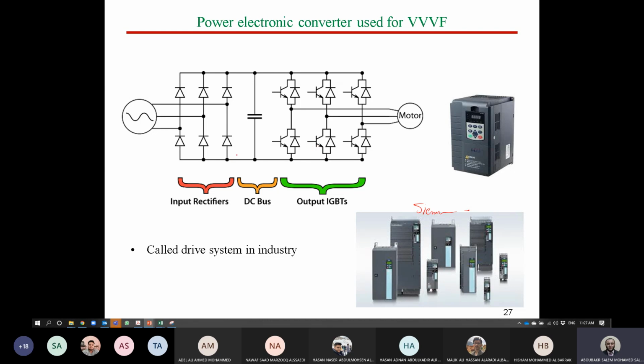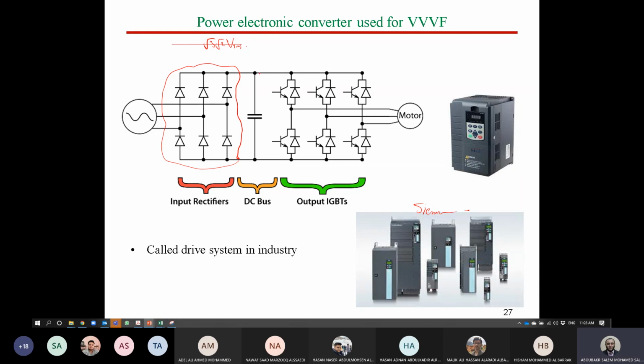The rectifier can be controlled or uncontrolled. Here, this shape is for uncontrolled, which means the output voltage will be constant and will not be controlled. The output voltage here, all the time after this capacitor, will be square root of 3 times square root of 2 multiplied by the RMS.